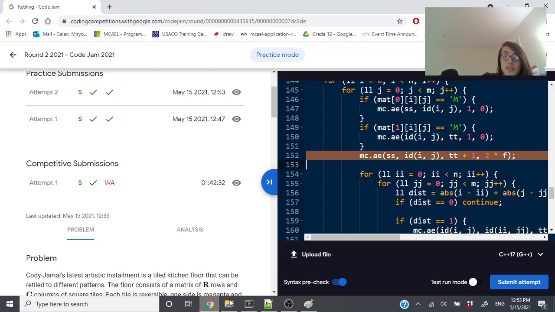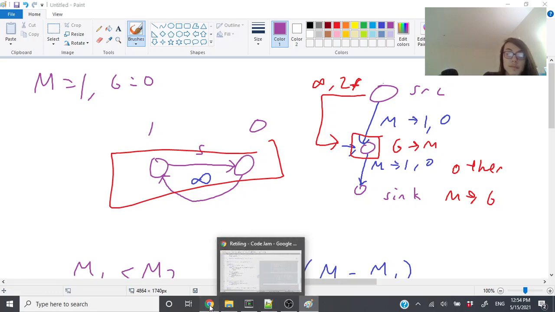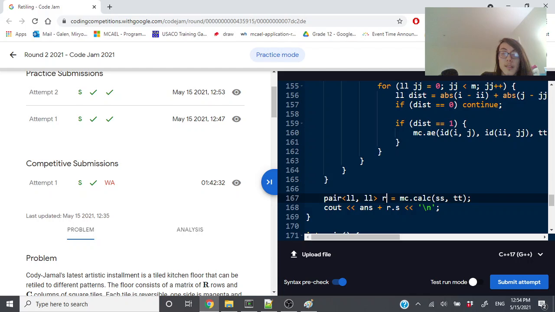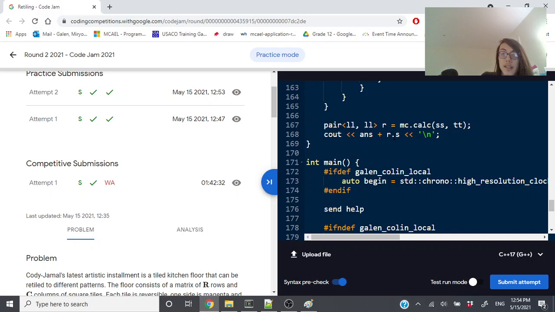Adding some flip in and then reversing that flip later is equivalent to swapping with flips. So really there's no reason to have both of them. Where did my mouse go? Okay, yeah. And then from here, we calculate the flow, and then we add the cost of the flow to our answer. Yeah, so min cost flow, cool.